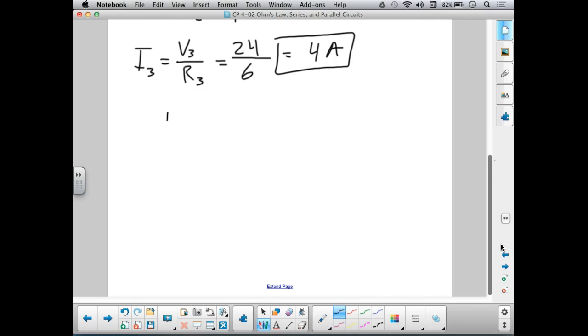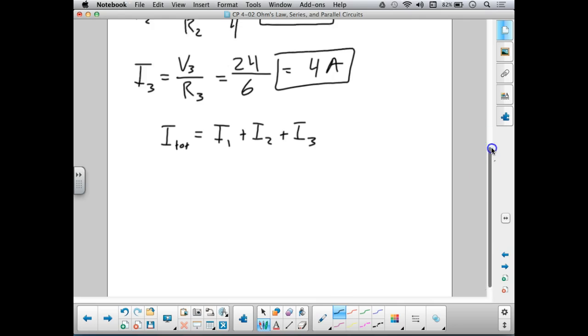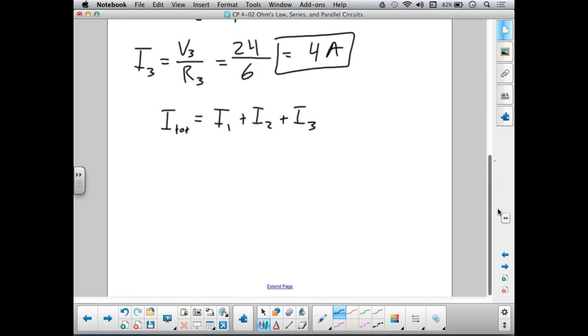So let's add that all up. The total current through the circuit, or total current coming out of the battery, passing through the battery, has to be equal to the sum of the currents through each of the paths. Okay, so 3 plus 6 plus 4 is once again 13 amps.